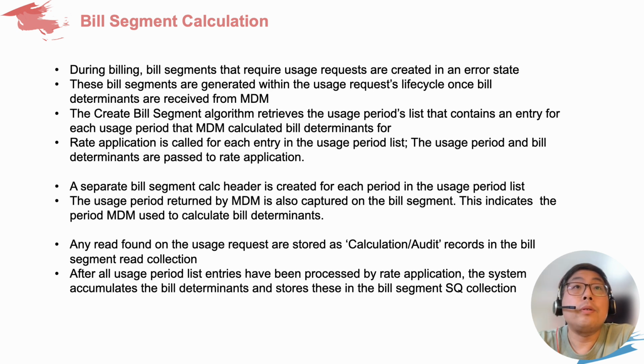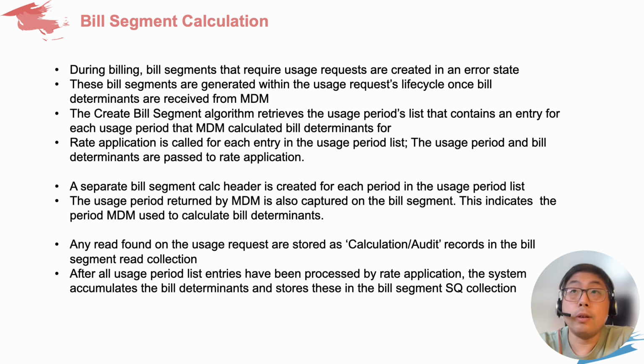Next, any reads found on the usage request are stored as calculation audit records in the bill segment read collection. So if you look at the bill segment, on one of the tabs you see all the service quantity, all the calculation audit reads, and on the tab next to it, that's the calculation headers.